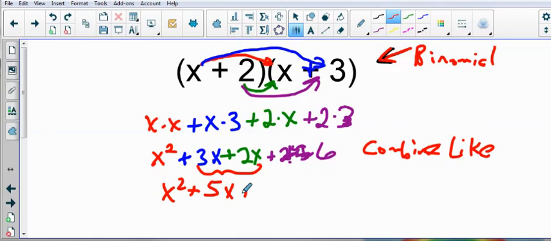And then, of course, there's nothing to combine the constant 6 with, so it is just 6. There it is simplified, and this is our quadratic equation. All right, so this is where I'm going to start to show you how to take this and turn it into this. We're going to factor this and turn it into this, and we'll do that starting in our next video.